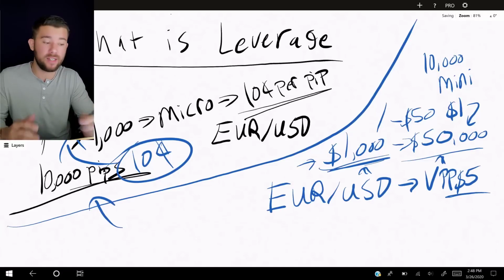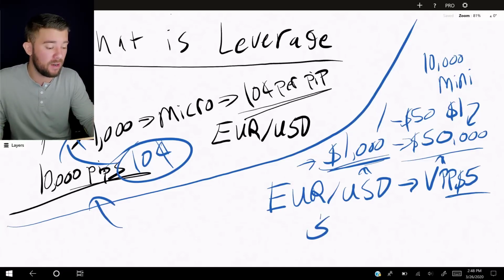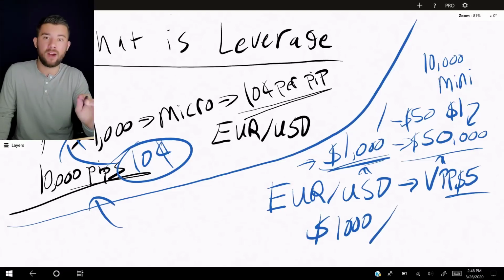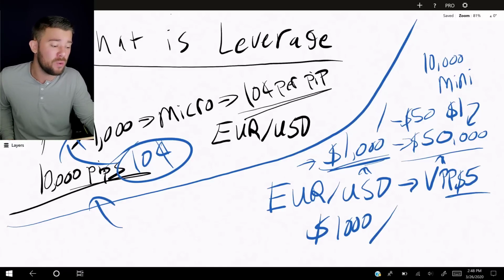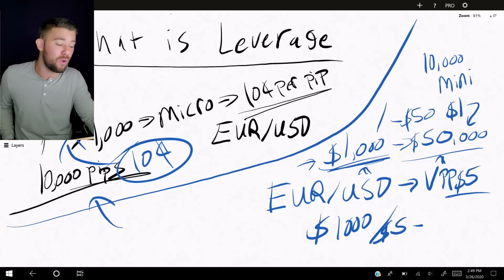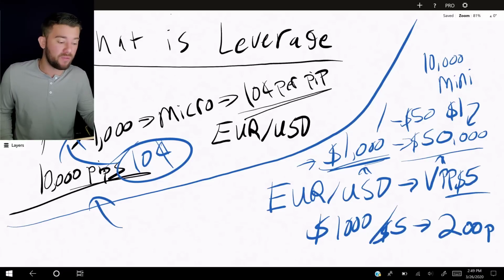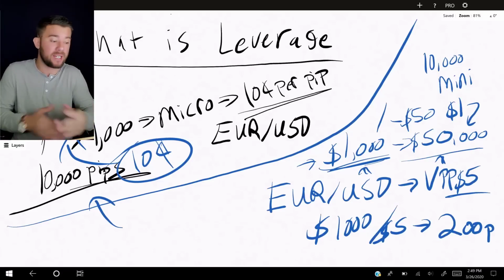Take your account balance of $1,000, because they're not going to allow you to lose more than $1,000. And if you're risking $5 per pip, divided by $5, let's finish the math. That means you only have 200 pips, because 200 times 5 is $1,000. That takes your account away.